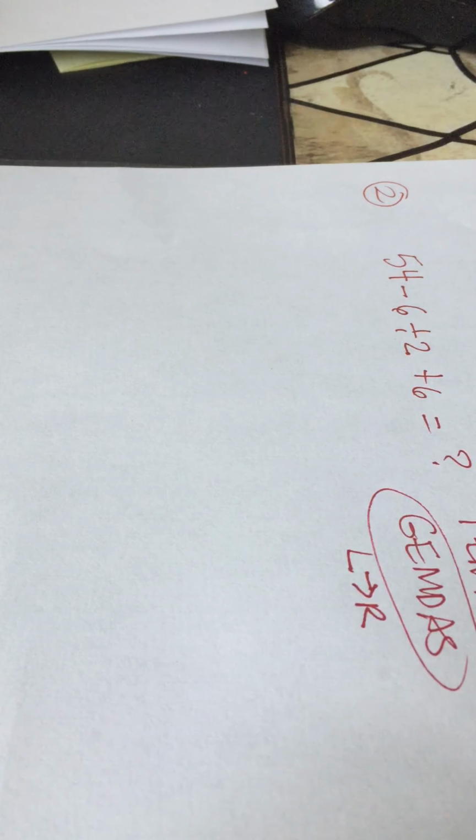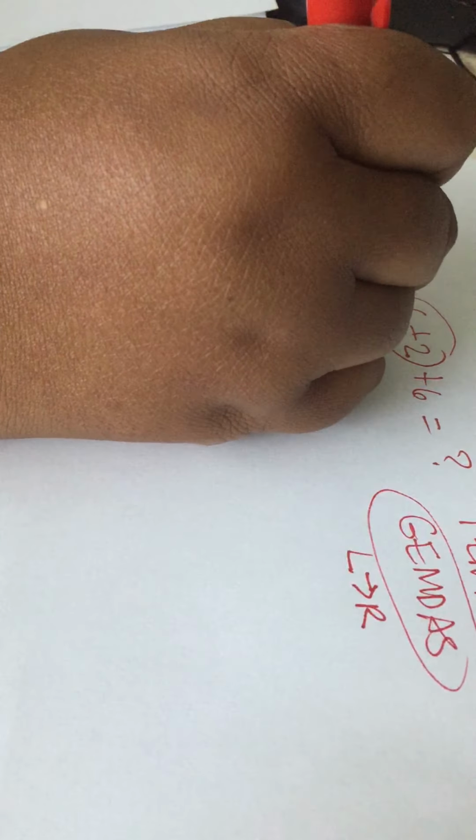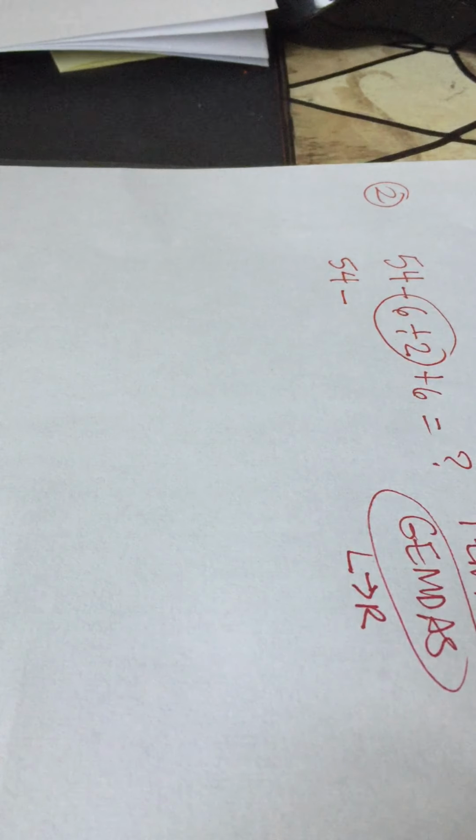So the first thing I see is, yes, I see that I have 6 divided by 2. That's the first thing that I am going to solve. 6 divided by 2. So that would be 54 minus, what is 6 divided by 2? The answer is 3.